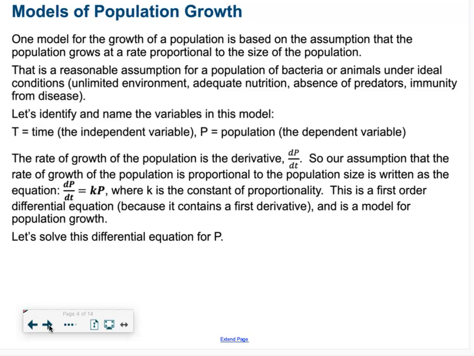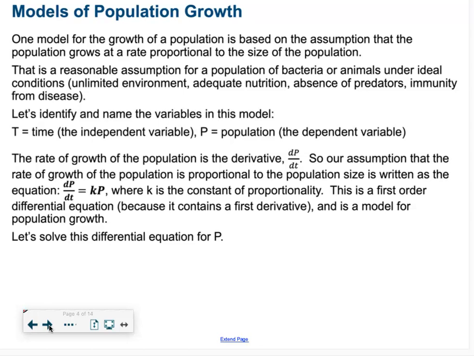Human population has limiting factors all over the place. But say you have a controlled environment, a lovely petri dish, and you put a couple bacteria in there and you just let them go. Until they hit the size of the petri dish, there's no limiting factors.